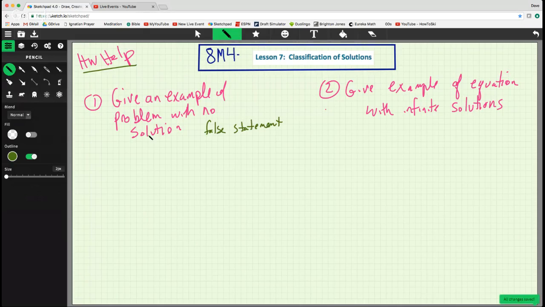And you can do this yourself, but I'm going to show you how to do it. So let's start. The key is to go in reverse. This is how I build my problems with no solutions. I start in reverse. I start with a false statement.